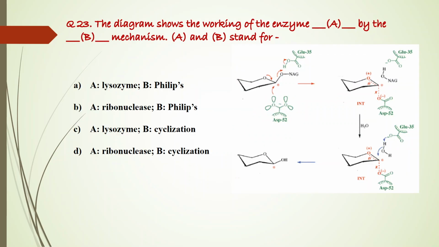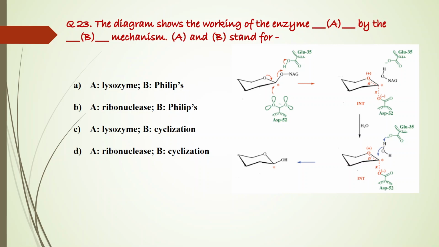So the next question is, you already know this. The diagram shows the working of the enzyme by the mechanism. What do A and B stand for? So obviously you know that GLU35 and ASP52 is nothing but your lysozyme.